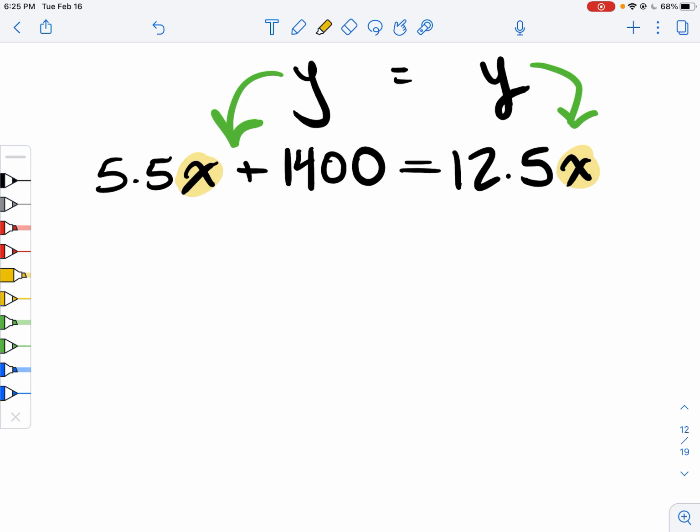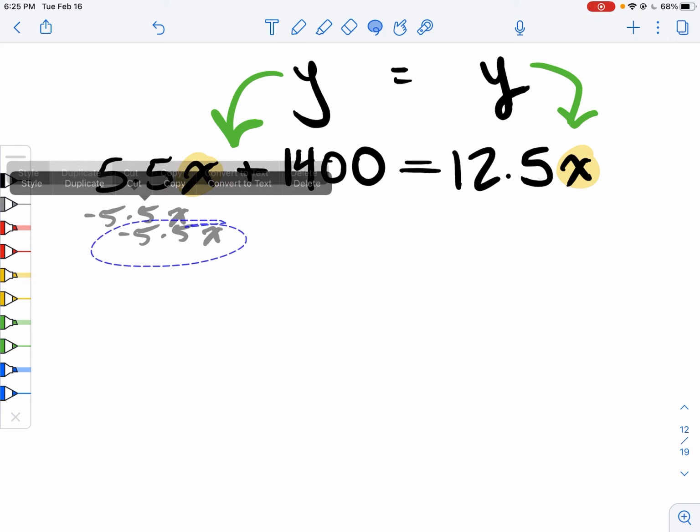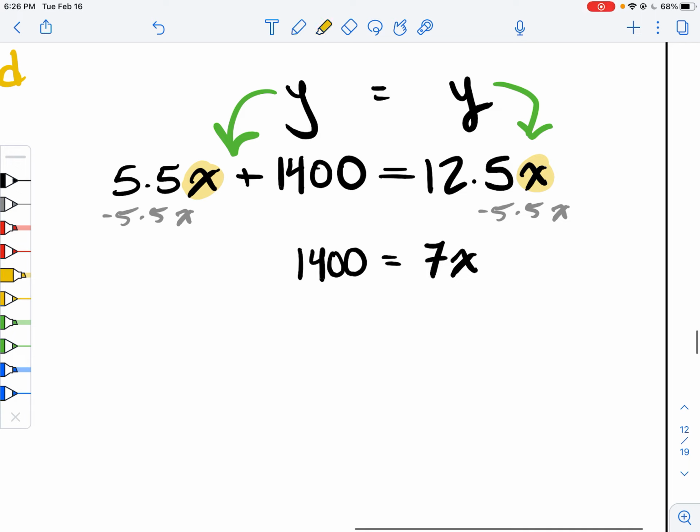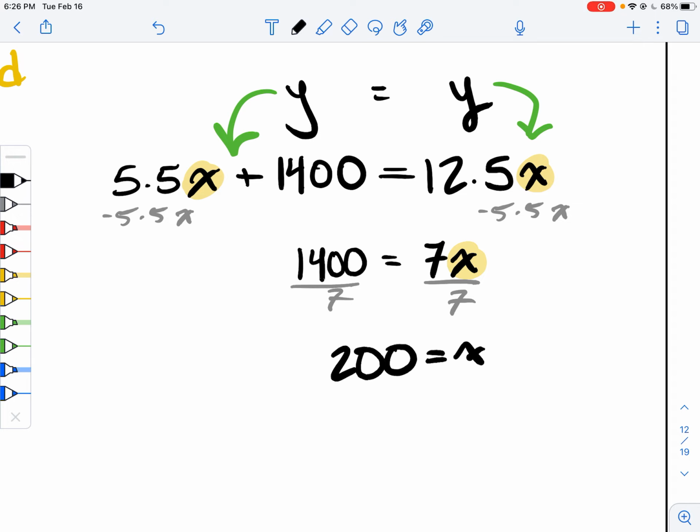First, I want to get all the x's to one side, so I'm going to subtract 5.5x from both sides, giving me an even 1,400 on this side. It's funny because it's even, but also 7x on that side. Now to continue to get x by himself, I'm going to divide both sides by 7, giving me 200 equals x.